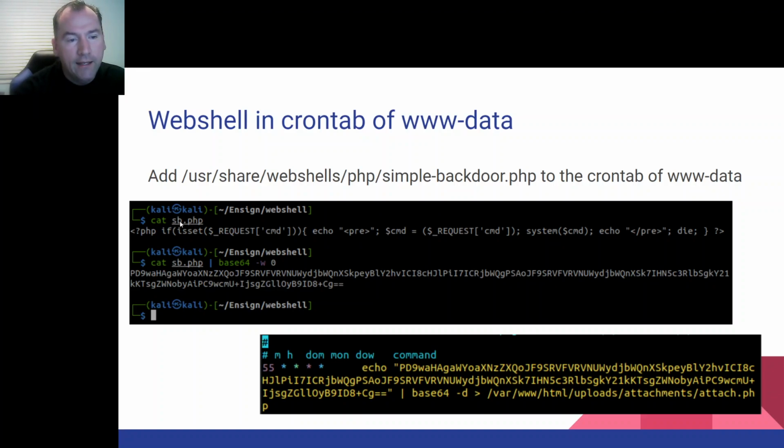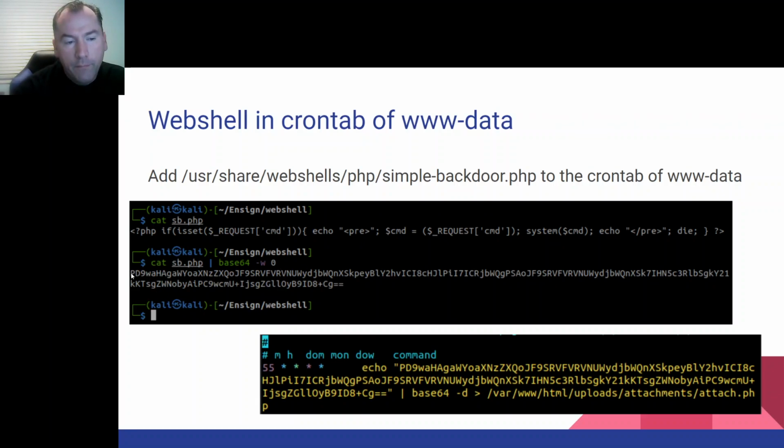So by catting sb.php, you can see I've pushed everything into one line. And then I've taken that one line and I've base64 encoded it with no wrapping of the line. So that's what -w0 is.